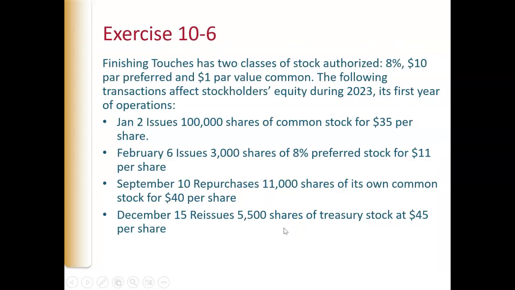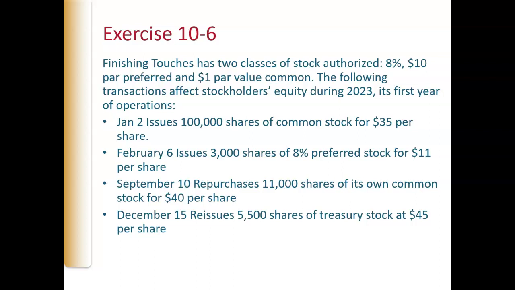Okay, guys, let's look at this problem here. Finishing Touches has two classes of stock authorized: 8% $10 par preferred and $1 par value common. The following transactions affect stockholders' equity during 2023, its first year of operations. On January 2nd, we issued 100,000 shares of common stock for $35 per share.